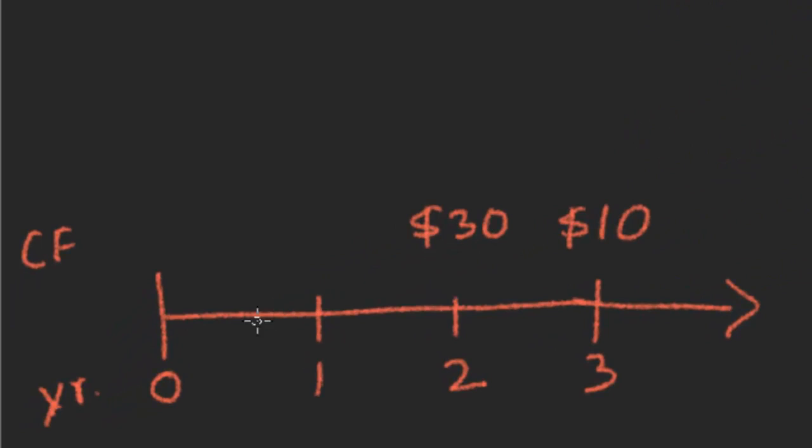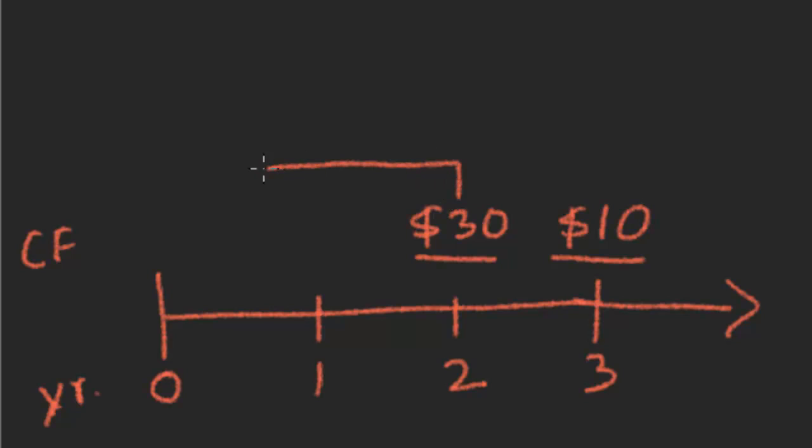Now, if we want to find the present value of these two cash flows, we can follow the same procedure that we followed for finding the present value of a single future cash flow. Let us consider this $30 first and then $10. How to find the present value of this $30?